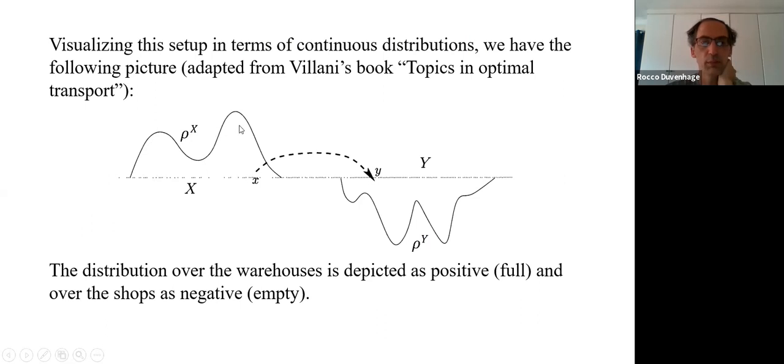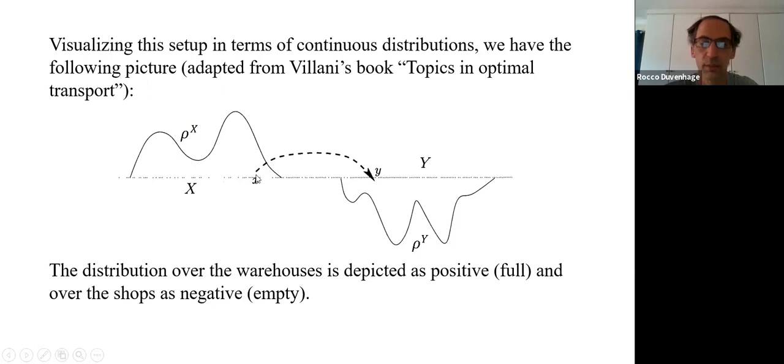You have a probability distribution over X. You have a probability distribution over Y. Here it's over X, it's indicated as positive, so the warehouses are filled with goods. Here it's indicated as negative, so the shops are empty. And then you have what I call an elementary transition.